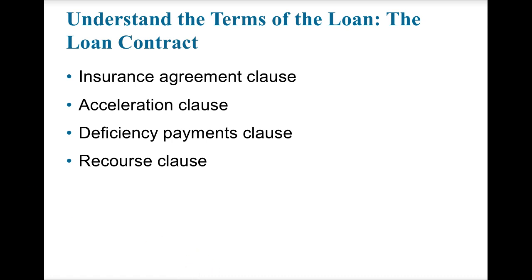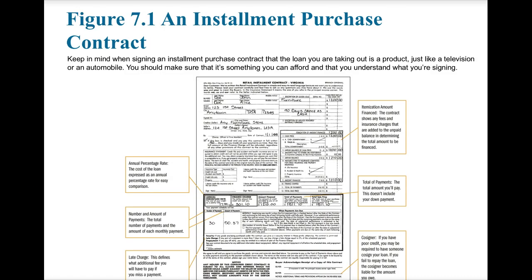Okay, let's move on to an installment purchase contract. Like we said, this is just an example of what a contract could look like. This is a boilerplate where they write in the amounts, and you'll probably see something very similar if you buy a car.